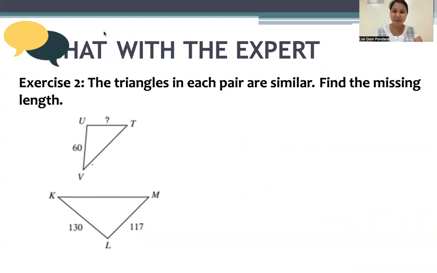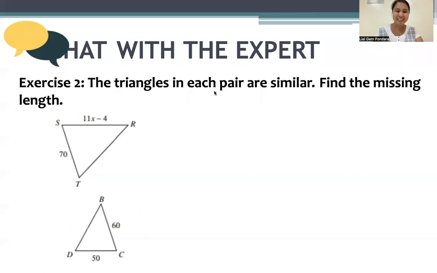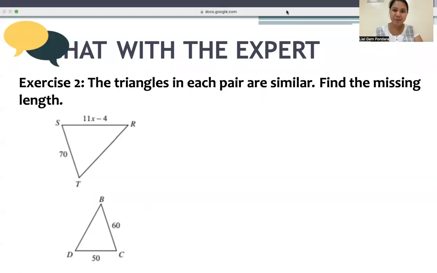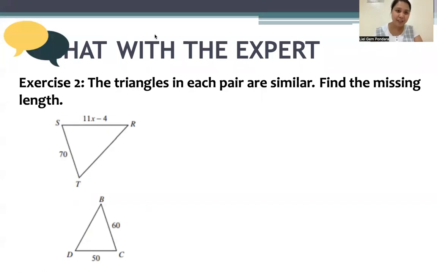Let's go to the next one. Ready? The triangles in each are similar. We find the missing length. Now, based on the figure, I'm just checking which is smaller here.